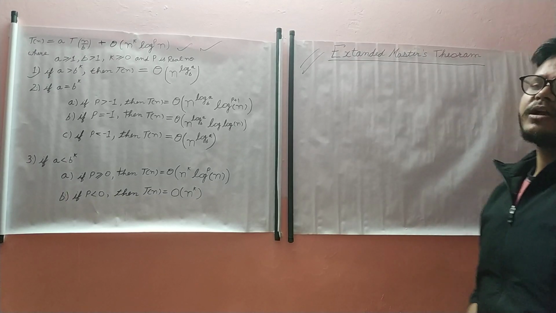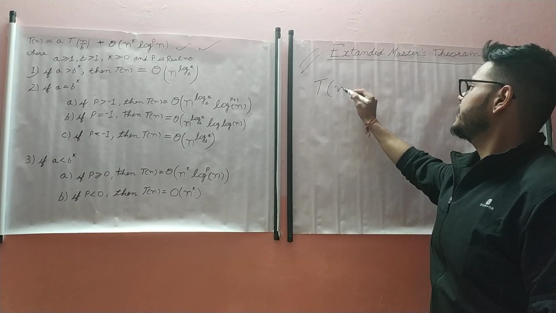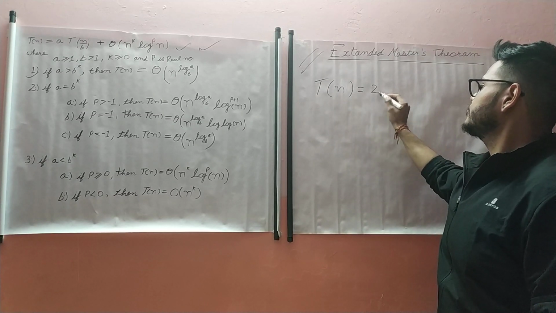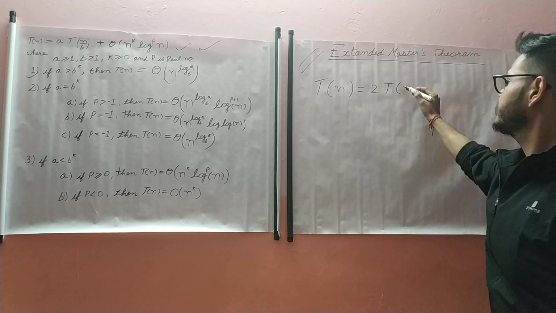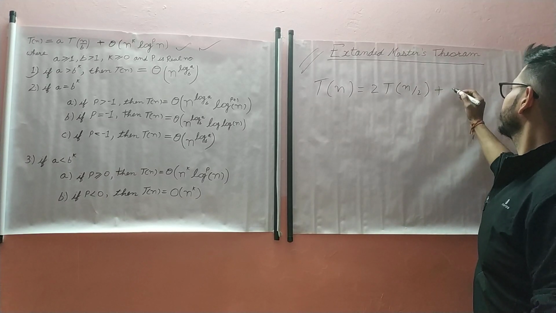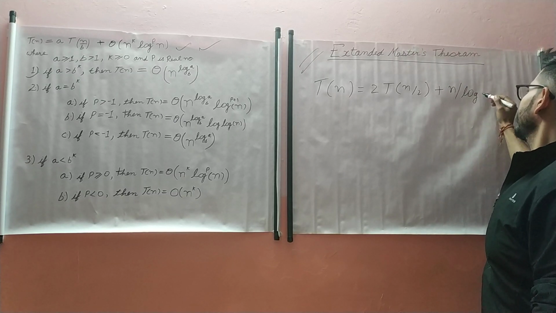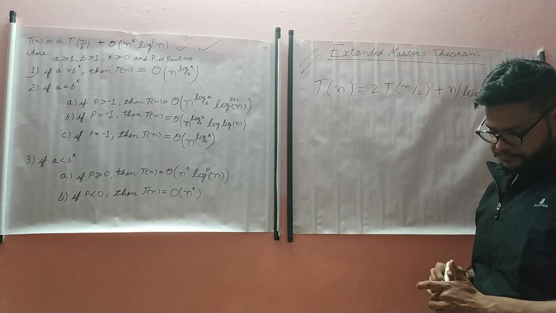Okay guys, see another example. T(n) = 2T(n/2) + n/log n.